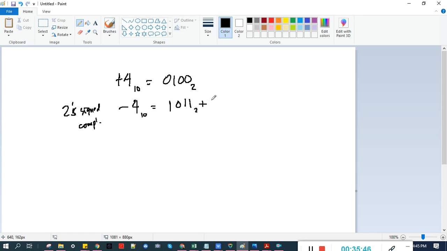But you add 1 to get the 2's complement. So 1 0 1 1 plus 1 gives 1 1 0 0 base 2.